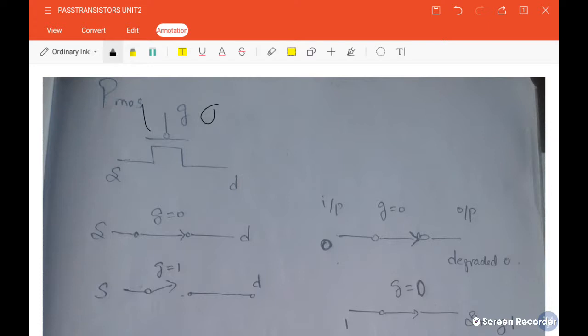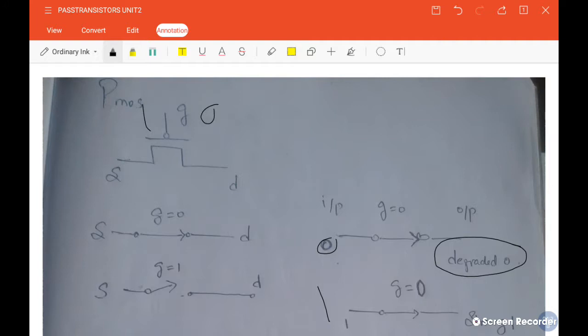Interpreting this, we are looking into the operation. With gate equal to 0, you can pass either 0 or 1. If you want to pass 0, when gate is equal to 0, the switch is closed. So the same data is passed here, but in a degraded way, because a PMOS is effective in passing a strong 1.